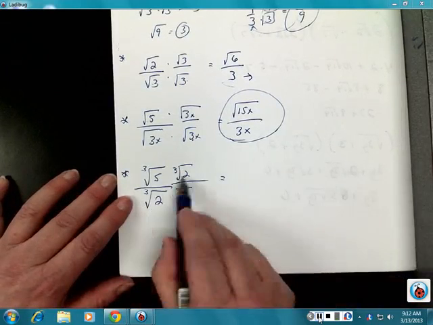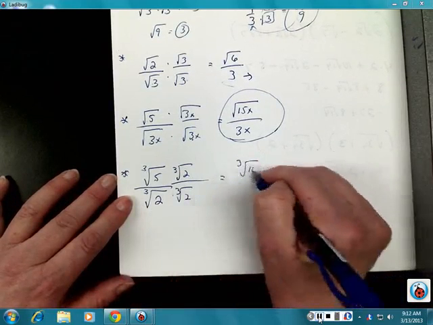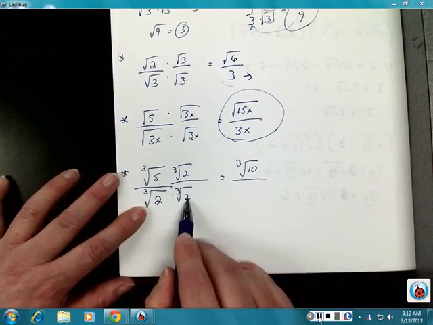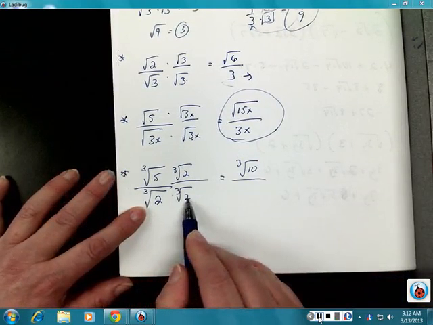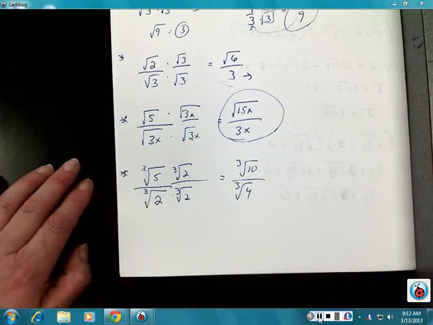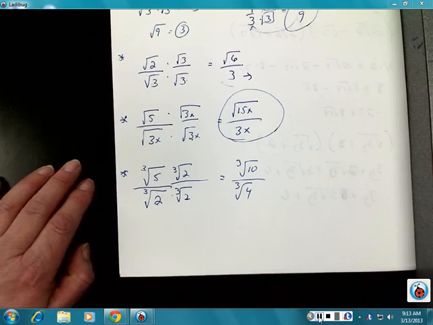But when I do that, what happens? 5 times 2 gives me the cube root of 10. That looks good. But the cube root of 2 times the cube root of 2 doesn't remove the cube. No, it only gives me the cube root of 4. So that didn't help me out at all. I still got that cube in the denominator. You okay with that part?